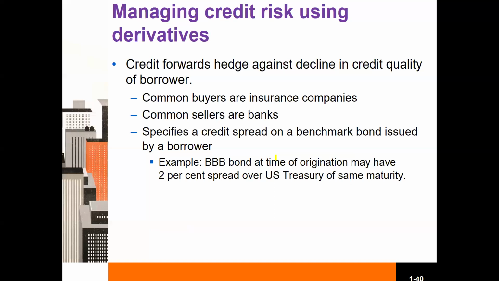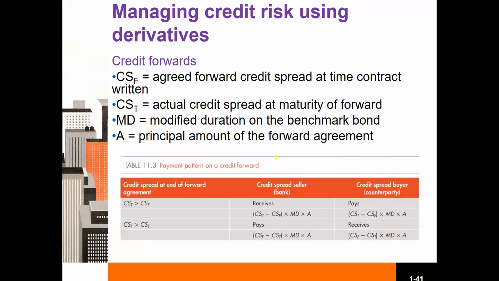Now, we see an example where, let's say, a triple B bond at the time of origination may have a 2% spread over a US Treasury of the same maturity. So a credit forward is entered. CSF is the agreed forward credit spread at the time of the contract, and CST is the actual credit spread at the maturity of the forward contract.